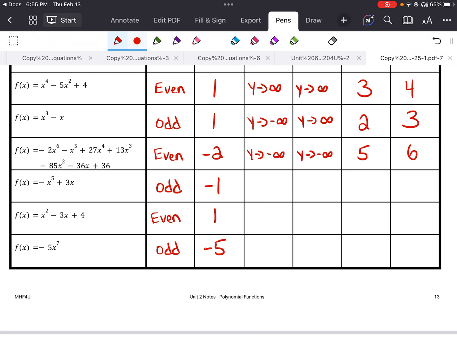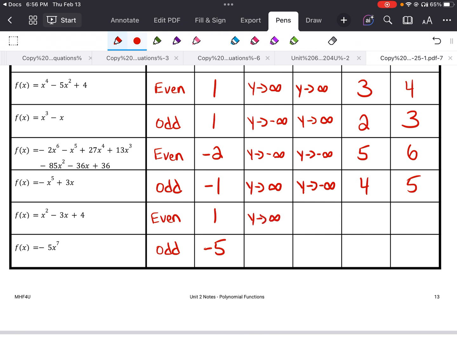Normally, as you go left to negative infinity, with a positive leading coefficient, you'll go down to negative infinity. This time it's the opposite. So x as negative infinity creates y as positive infinity, and x as positive infinity creates y as negative infinity. It's degree 5, so we have 4 turning points, 5 x-intercepts.